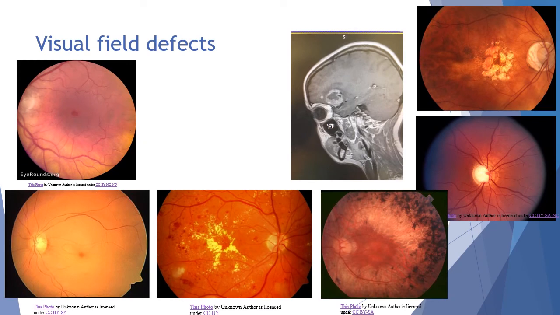And then, of course, we've got lots of different causes of visual field loss. So let's have a little test for ourselves, and we'll start at the top left and work our way around anti-clockwise. So have a little look at the first picture on the top left there and decide what you think it might be. And then the second picture.